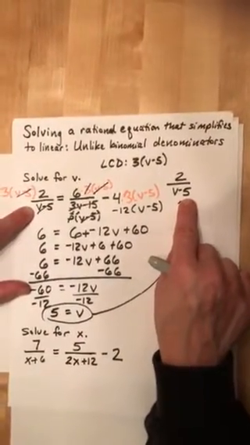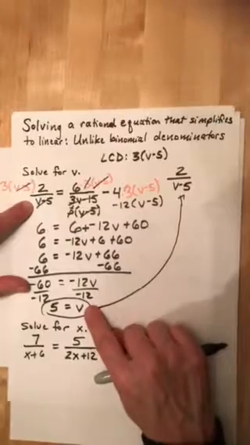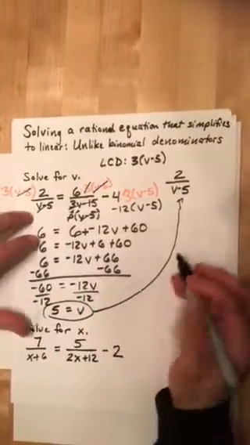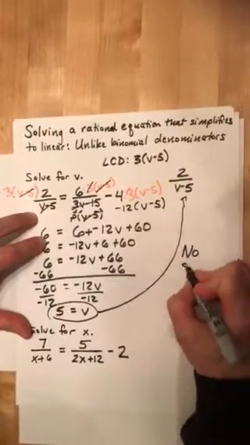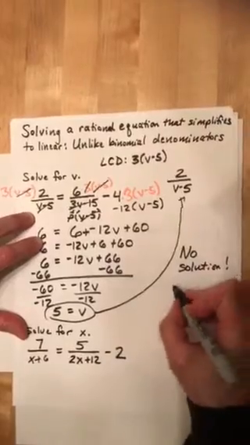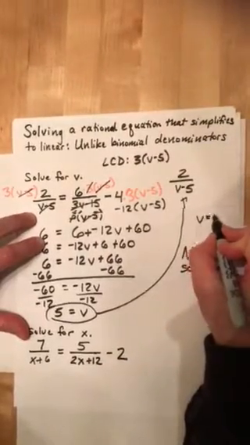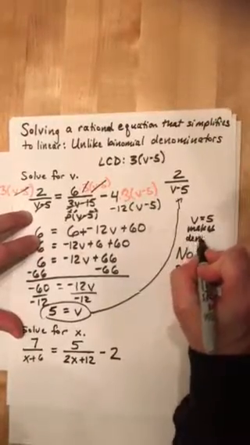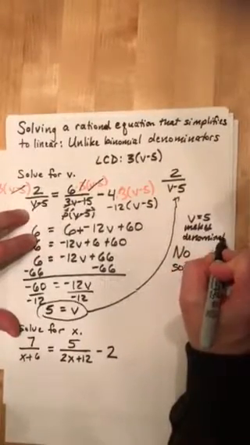I'm not allowed to divide by 0. And so the only possible answer to this equation doesn't work because it makes the equation undefined. So there is no solution to this first equation since v equals 5 makes the denominator 0.